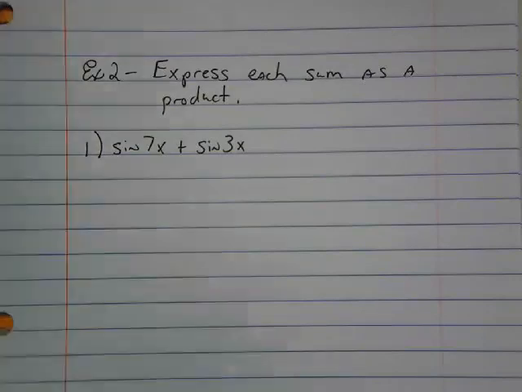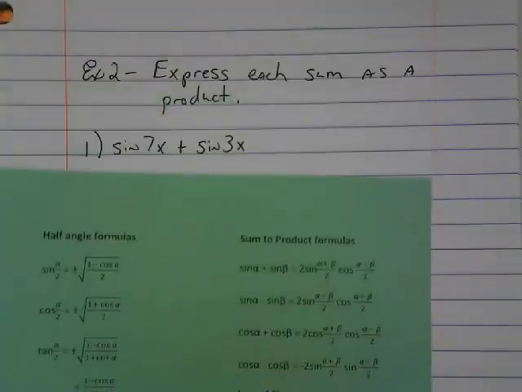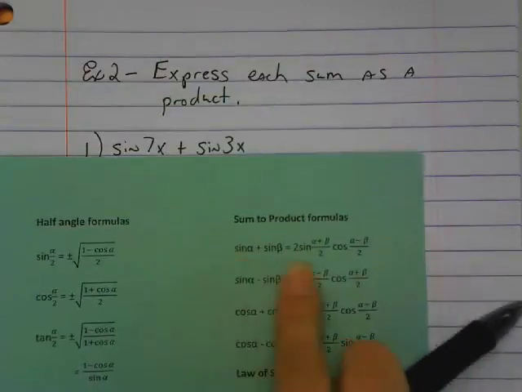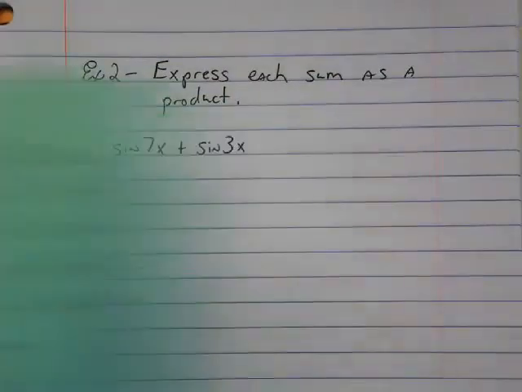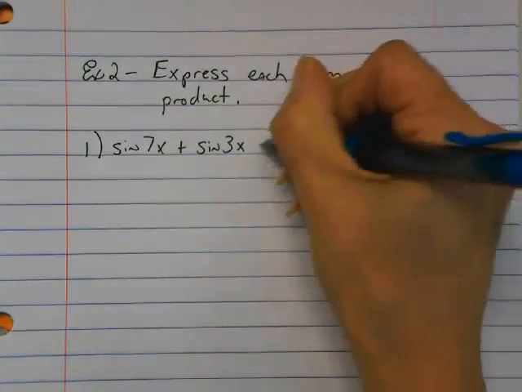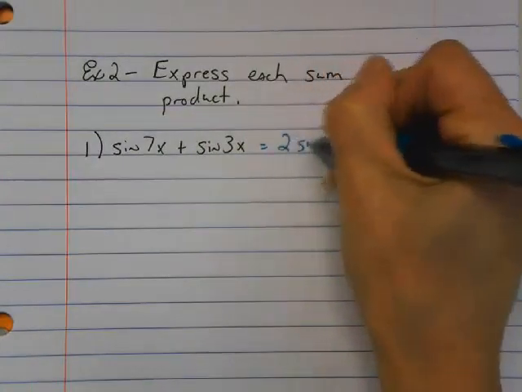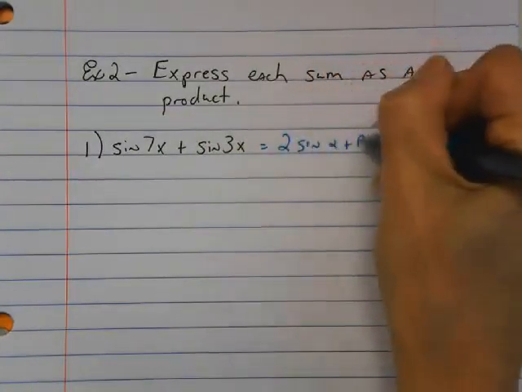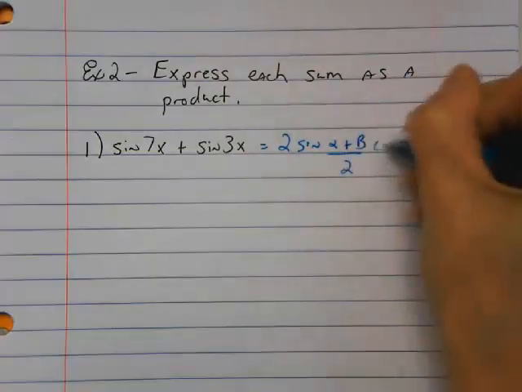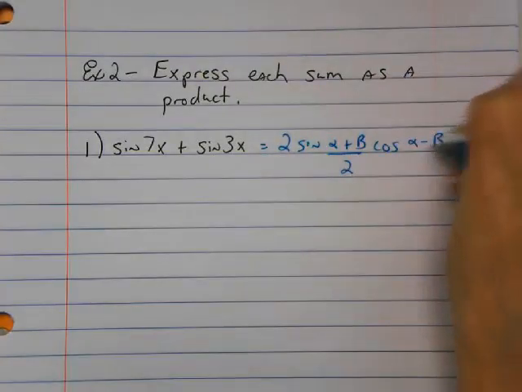Alright, so let's find our formula. I need a sine plus a sine. Sine plus a sine. There's my formula. So I have 2 sine alpha plus beta over 2 cosine alpha minus beta over 2.